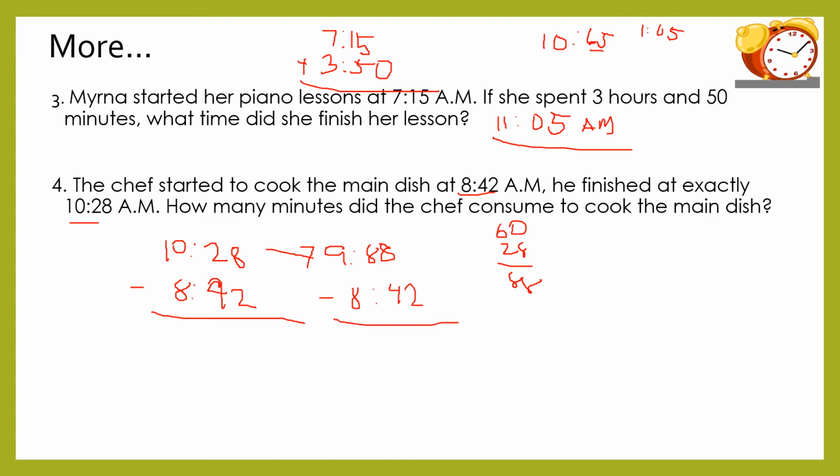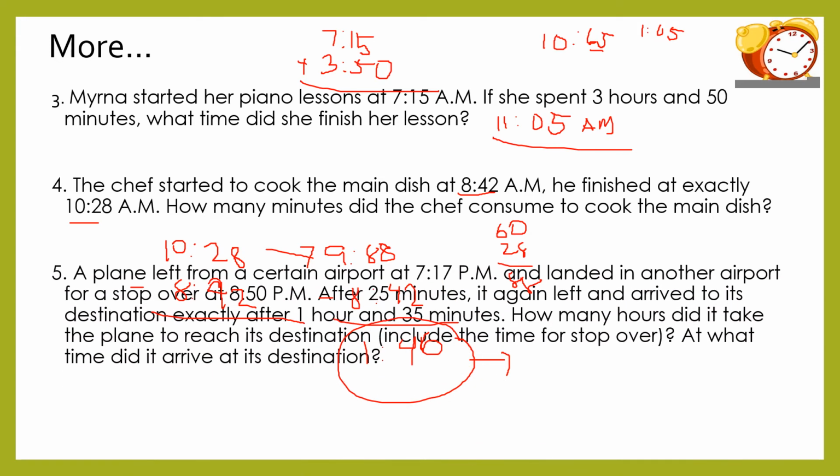So we have 8 minus 2 is 6, 4, and then 1. So that means the chef consumed 1 hour and 46 minutes in cooking the main dish.